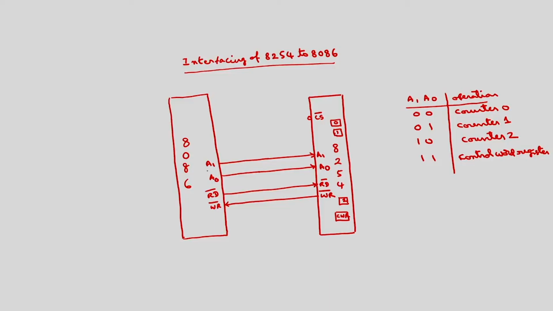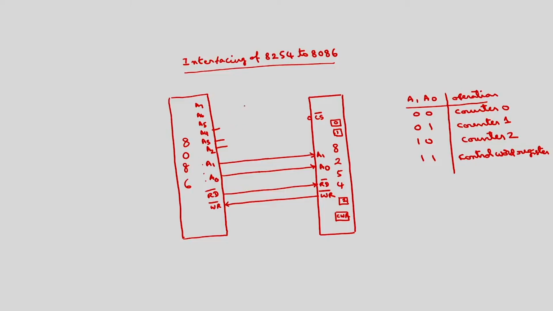For that I have to use A7 to A0 of 8086. Out of that, A1 A0 I have connected to A1 A0 of 8254. Then I will use A2, A3, A4, A5, A6, A7.